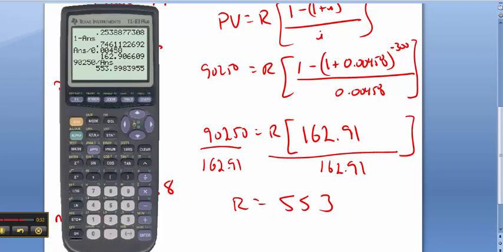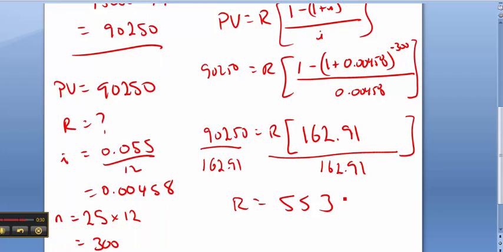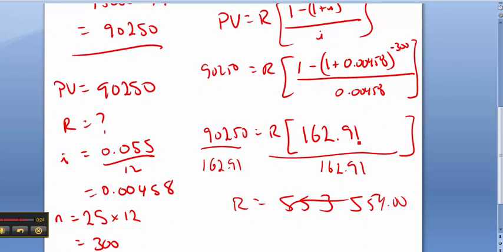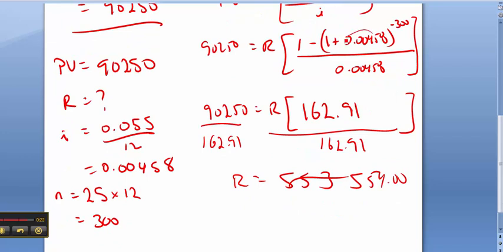Actually, it's 554 then if you round it. So 554. The other one was 554.21. We're up by 21 cents just because we rounded this number instead of keeping the 3333s at the end of it.